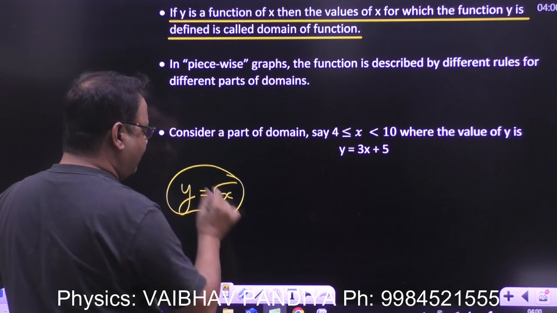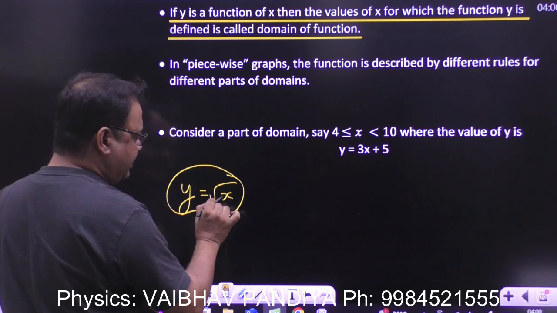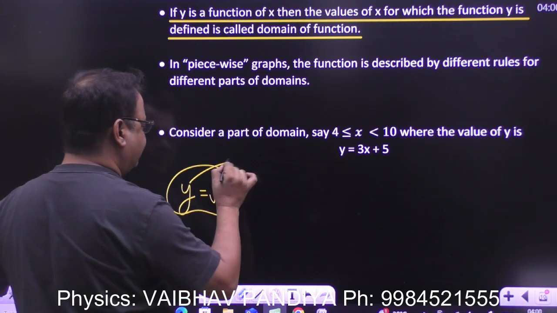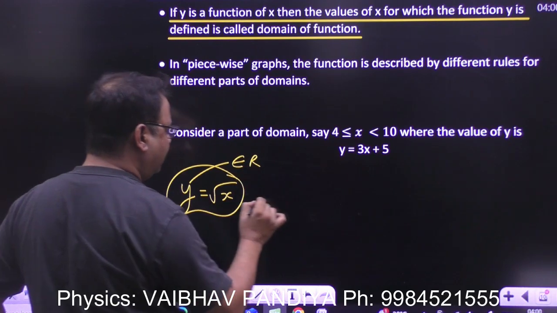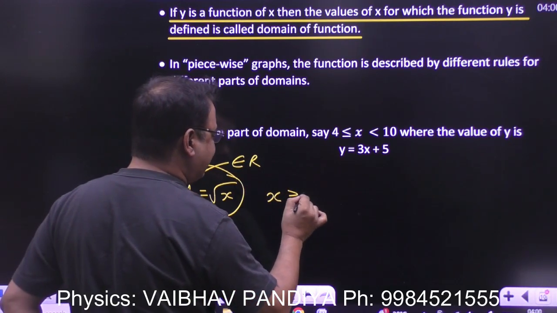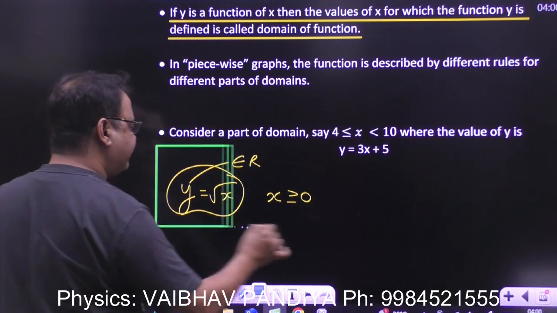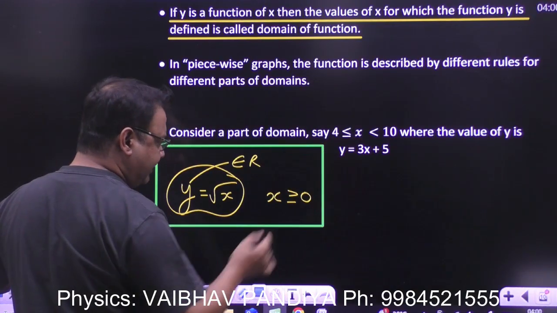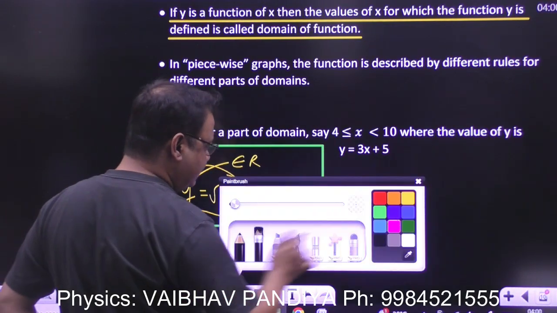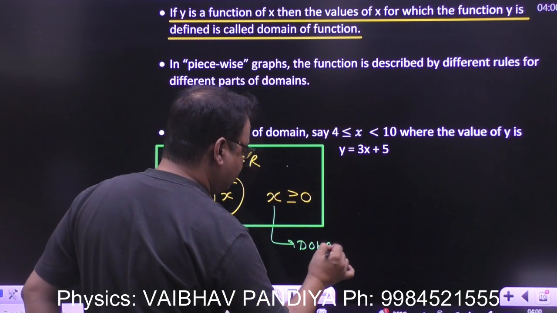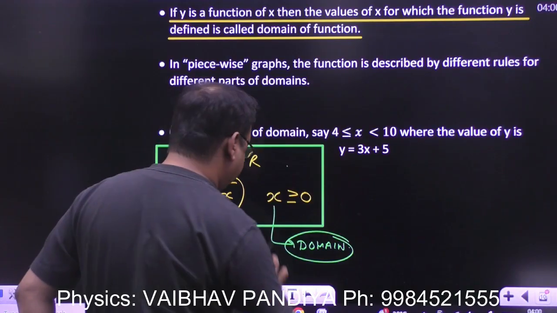Now we know if we take x to be a negative number, y will not be a real number. So if y needs to be a real number, x must be greater than or equal to 0. So the function will have some meaning only when x is greater than or equal to 0. This is basically the domain of this function.